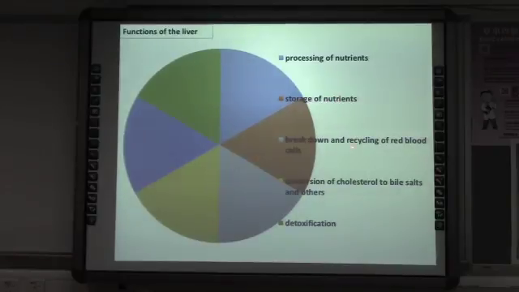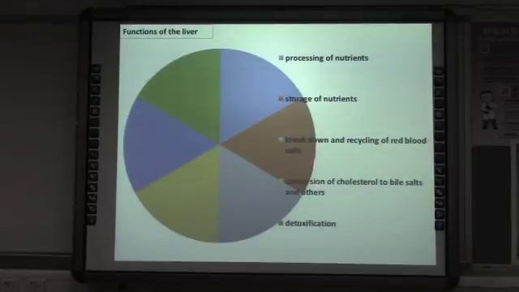Then the breakdown and recycling of red cells, just like what I told you before: the old red cells will be engulfed by the Kupffer cells and the hemoglobin will be broken down. Conversion of cholesterol to bile salts is also a task carried out by your liver. Don't forget, cholesterol can also be synthesized in our liver. And detoxification.